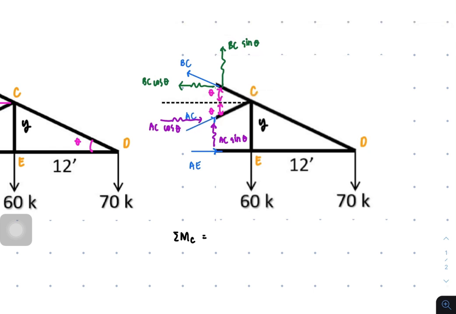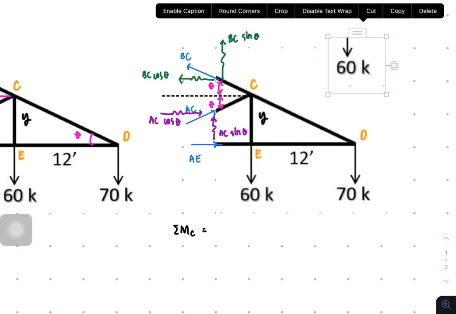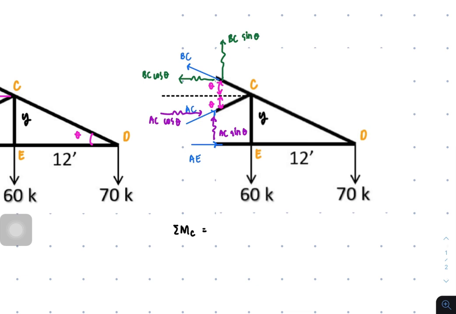The same way with this force 60, it's actually just going to pass through C, so it's going to be eliminated. Therefore we only have AE and 70 to be rotating about point C.